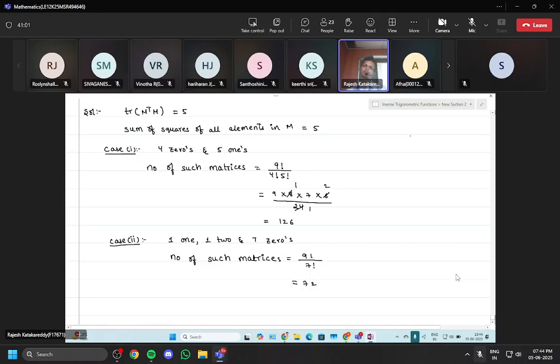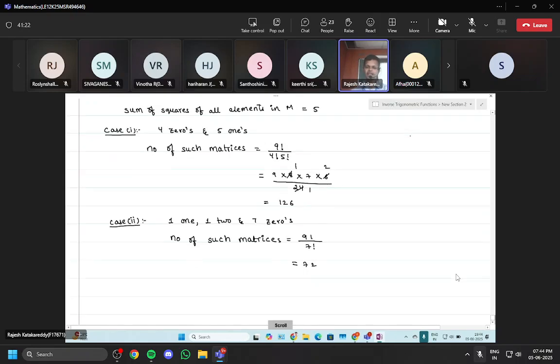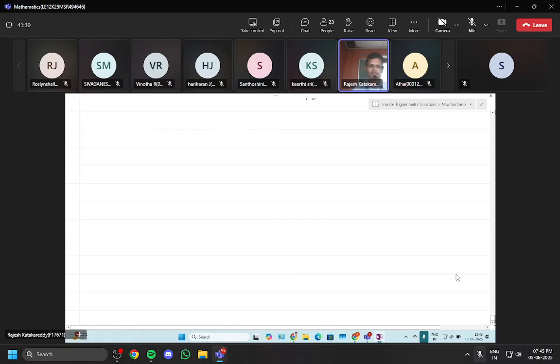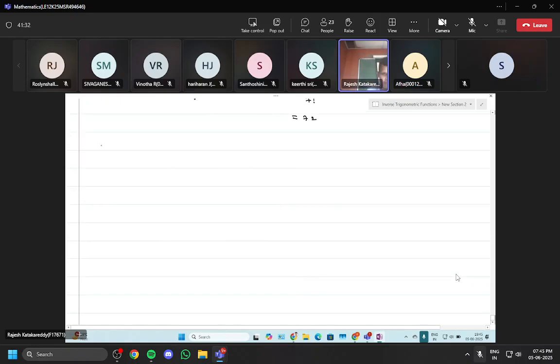A symmetric matrix we can compare with an even function, and a skew symmetric matrix with an odd function. As in functions, there are some functions which are neither even nor odd, so here also there are some matrices which are neither symmetric nor skew symmetric. One by one we will see the types of matrices. Everybody copied this?